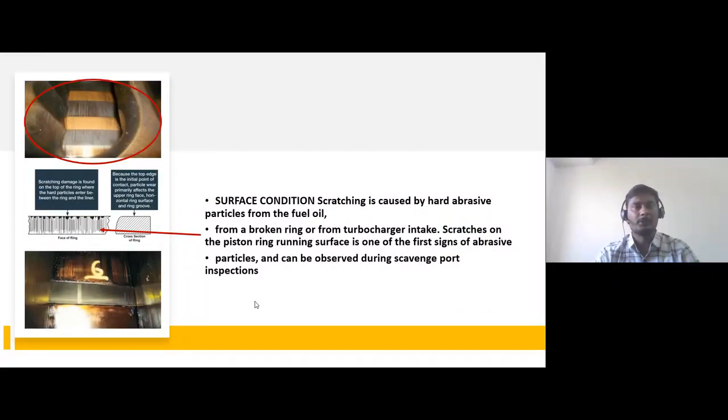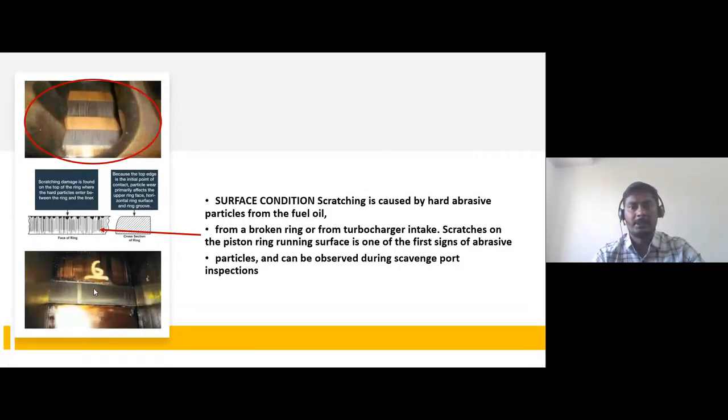Here you can see the piston, and the yellow metal is the piston rings. On the face of the ring there is a wear line, and some scratch damage is found on the top of the rings. This is the liner, and you can see its condition.